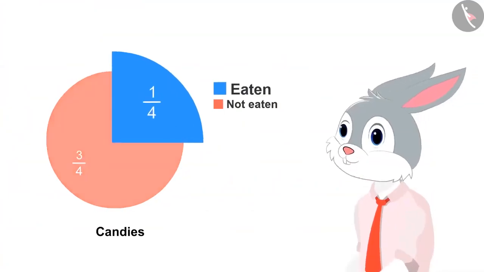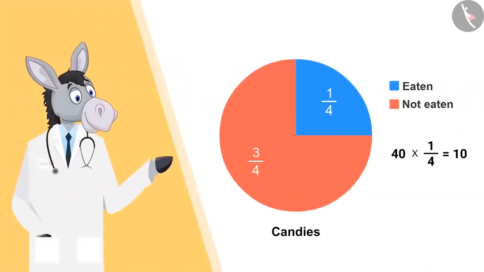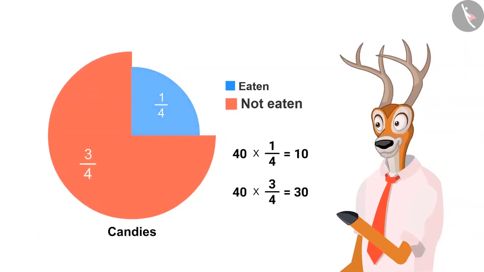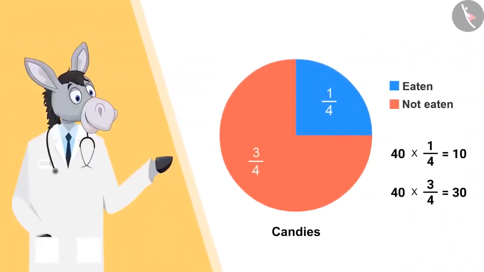They ate 1 by 4. That is 1/4 of the candies. So 1/4 of 40 is 10. So children ate 10 candies. So, how many candies are left? 3/4. That is 30 candies.